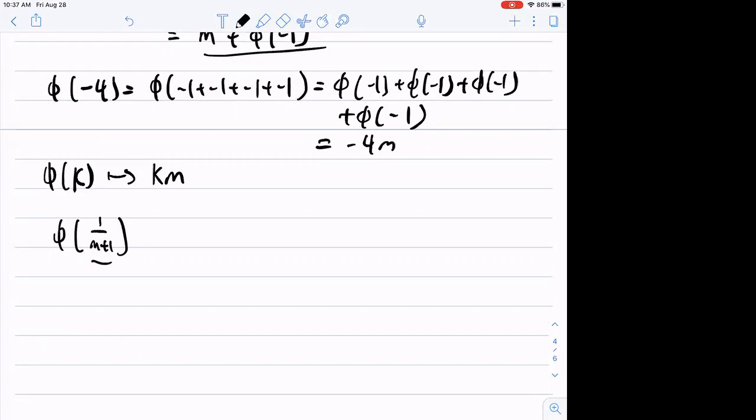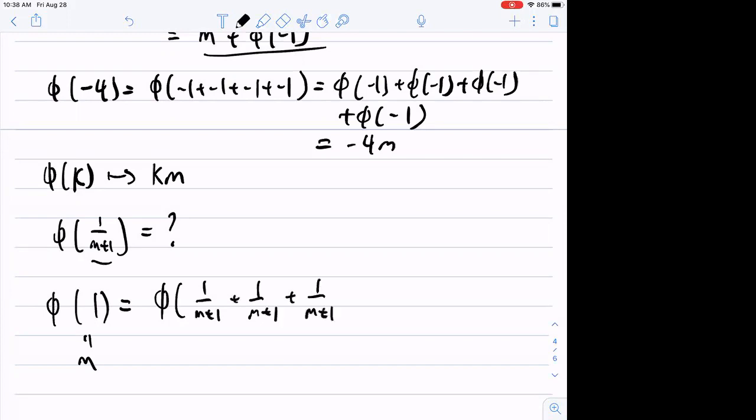I'm claiming this is also predetermined, and this is just a nice property of being rational. To figure out where this goes, it's already predetermined by where 1 goes, because phi of 1 is m, but 1 is also 1 over m plus 1 added to itself, m plus 1 times.